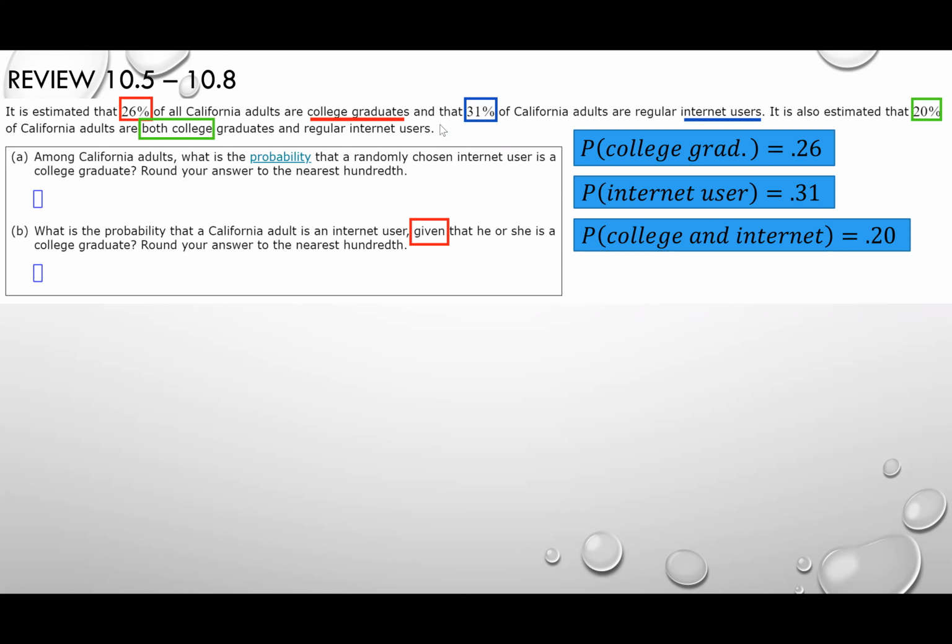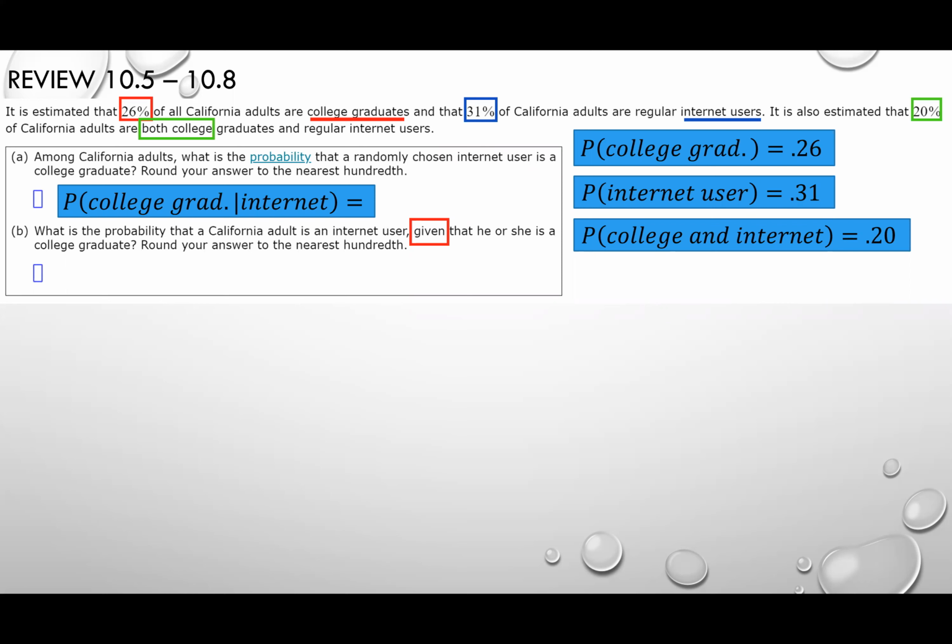Part A, like I mentioned, this is what they ask you: what is the probability that a randomly chosen internet user, meaning again, the condition that you are asking is they need to use the internet. That's the condition.